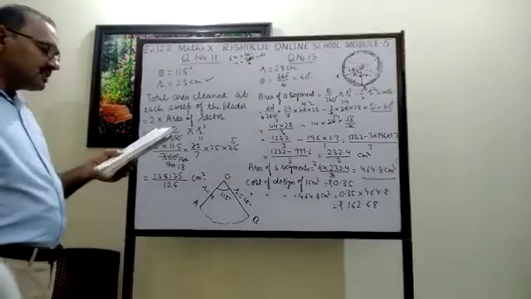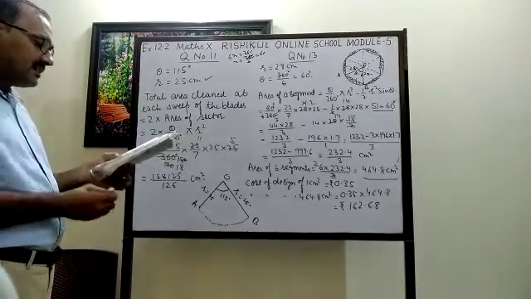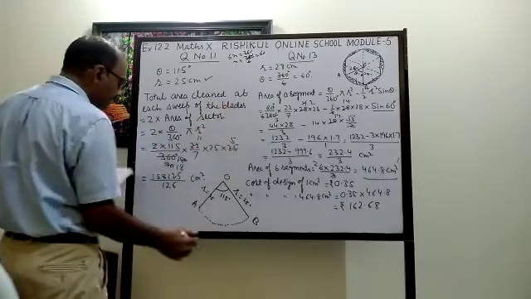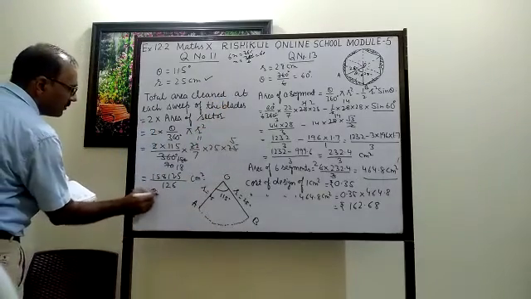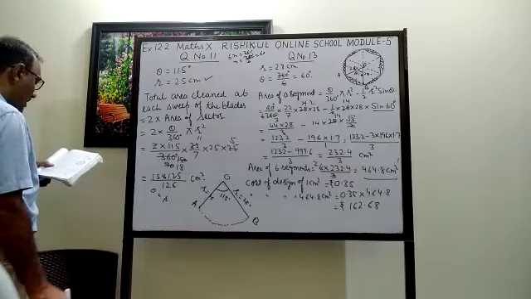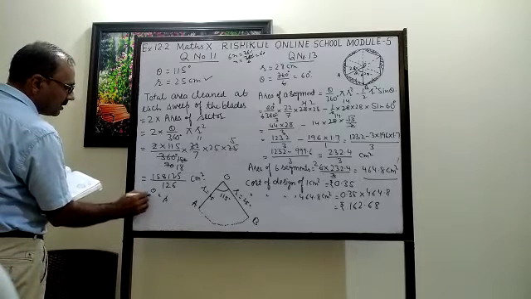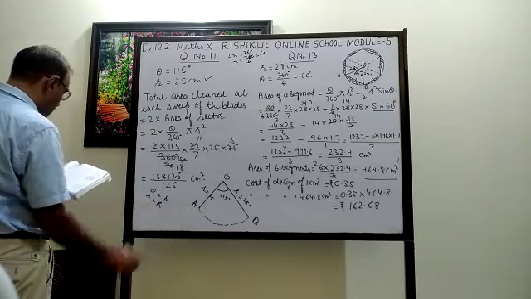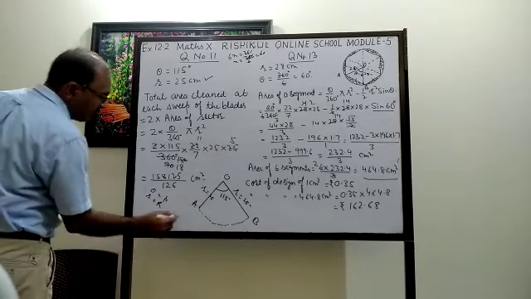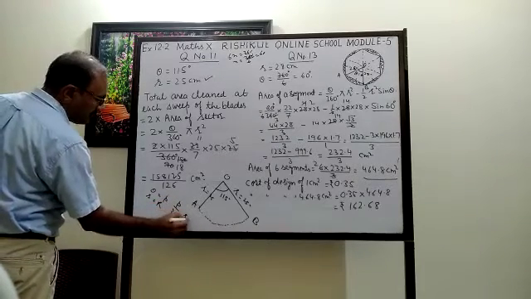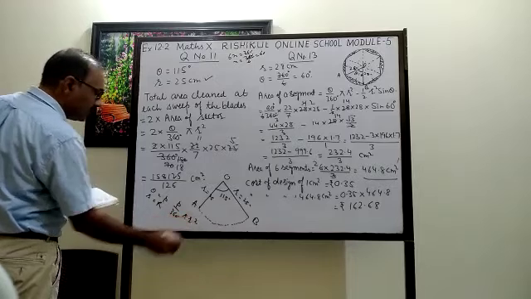And question number 14, you see very attentively. Pick the correct answer of the following. Area of the sector. Sector angle theta is equal to P, and radius capital R. Okay. Then area of the sector is P upon 360 pi R square.